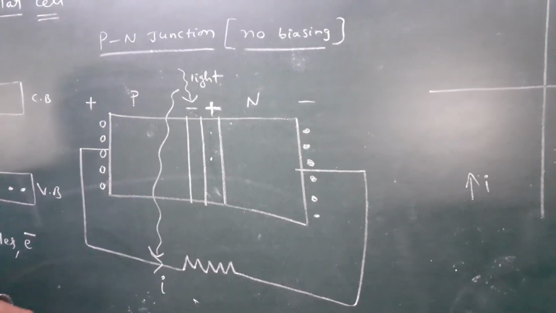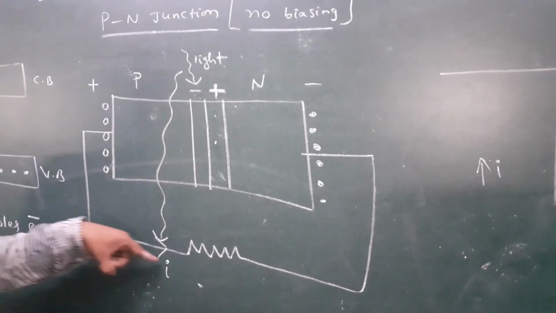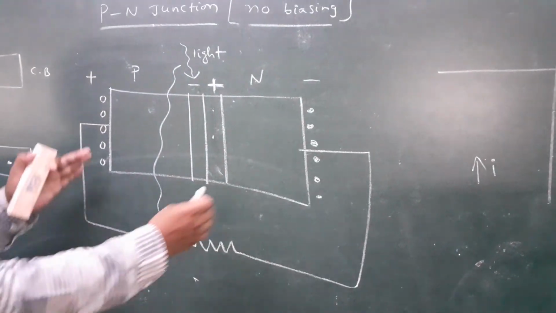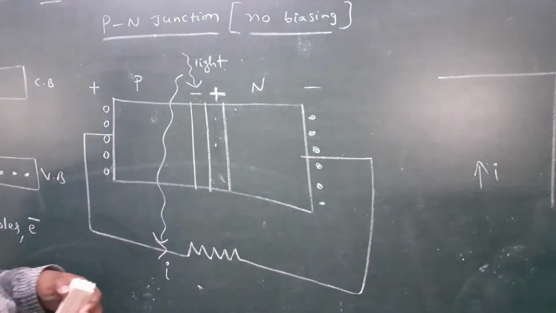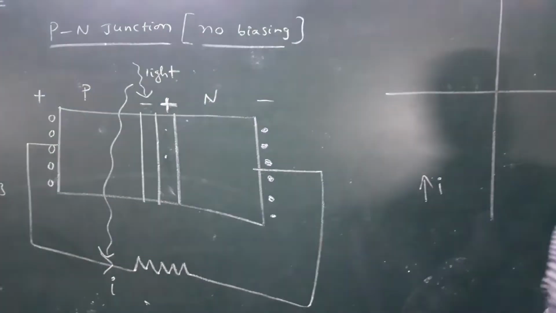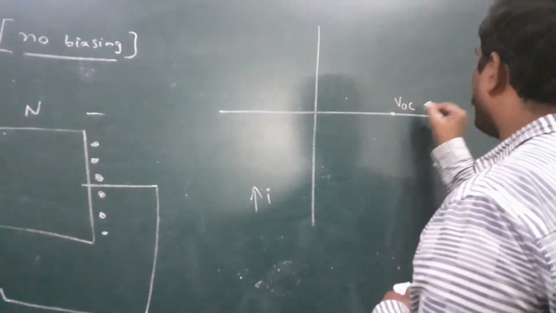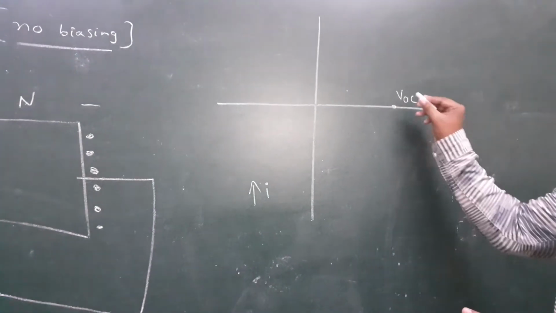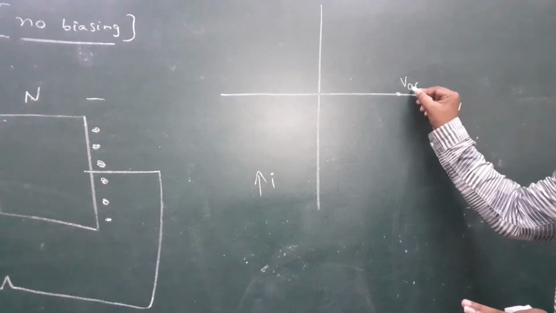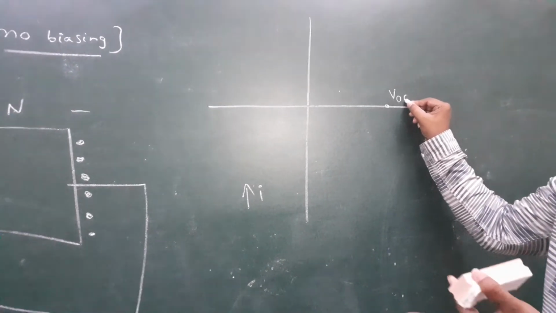When the current flows, the wire is connected. That means initially only potential difference is created. That circuit is called open circuit. Open circuit means no wire connection, VOC. No wire means no current.